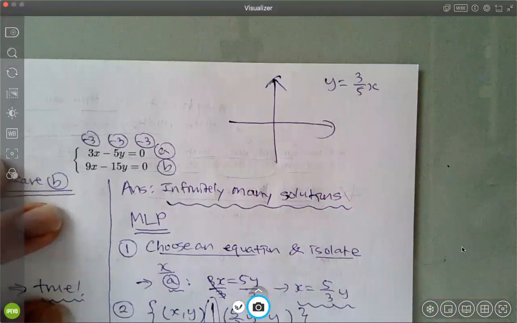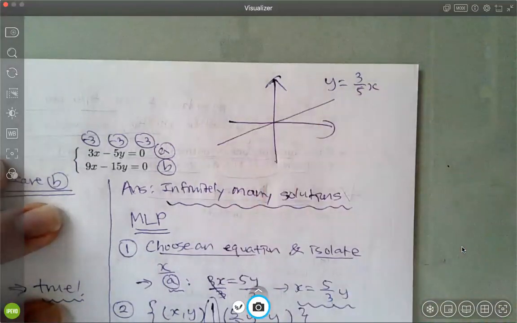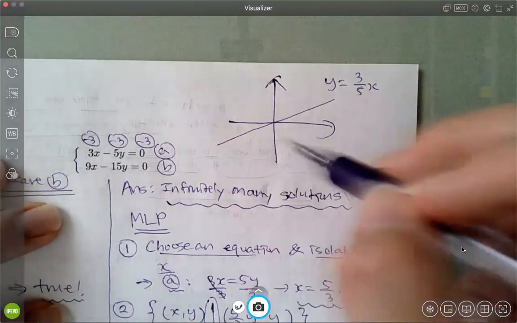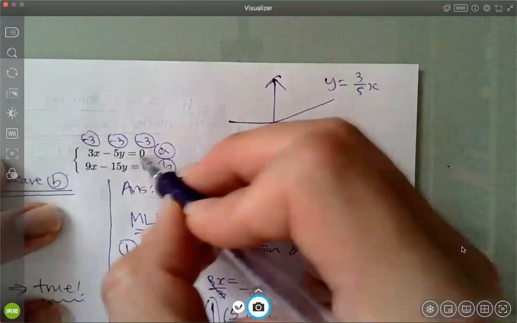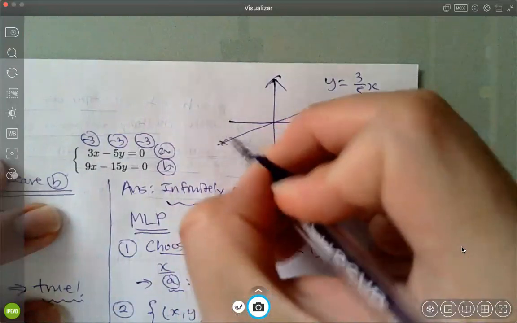And what's the graph of that? That's a line, right? That passes through the origin. Now, this means A and B will produce the same graph, which is this line. And what's the solution?